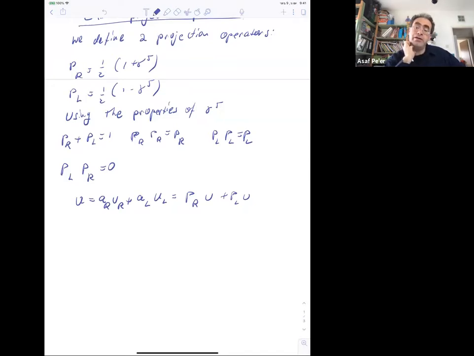Now we'll find it useful because as of next week, I'm going to start introducing the Lagrangian of the standard model. And then this will play some role.